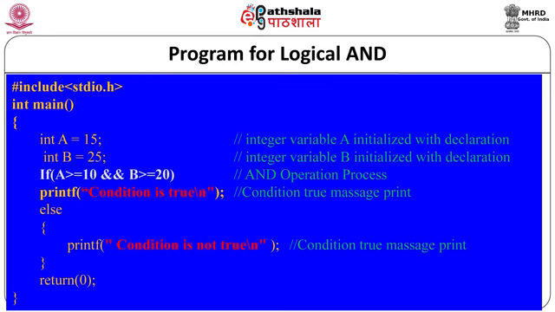You know, output of AND gate is true when both conditions or both expressions are true. In this, A is greater than 10, it means that expression is also true. B greater than or equal to 20, it means that expression is also true. It means if condition, that is A greater than or equal to 10 and B greater than or equal to 20, both are true, it means output of AND gate is true.